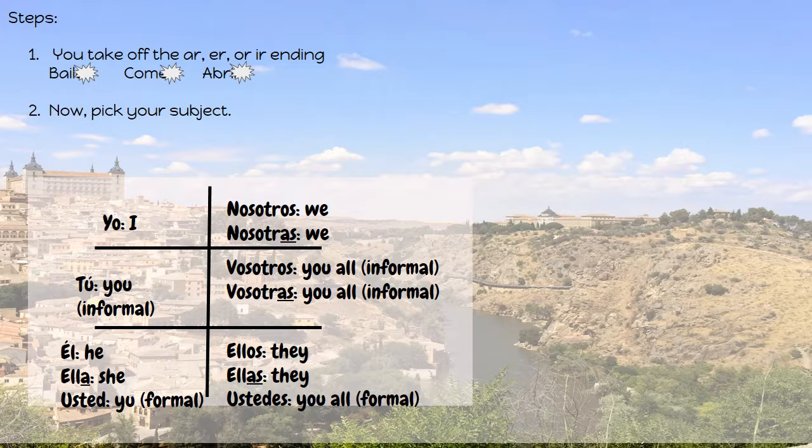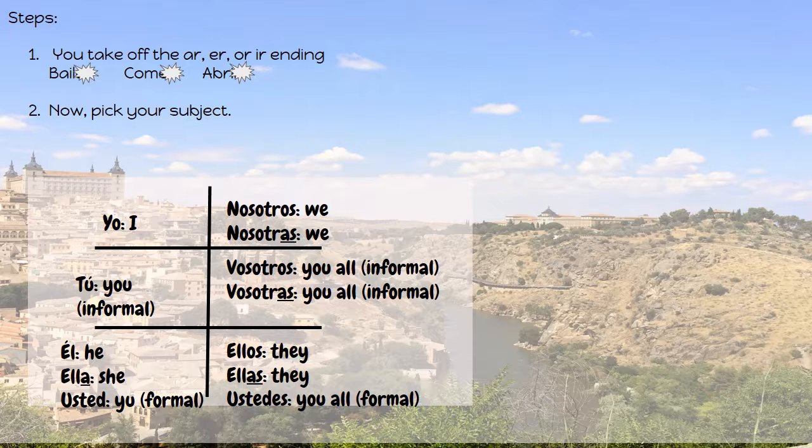So that's totally up to you. It depends on what you want to say. So if you want to say I dance, then we can say I dance. If you want to say they eat, then we will be saying that. Okay, so again, we're left with bail, com, and abr.